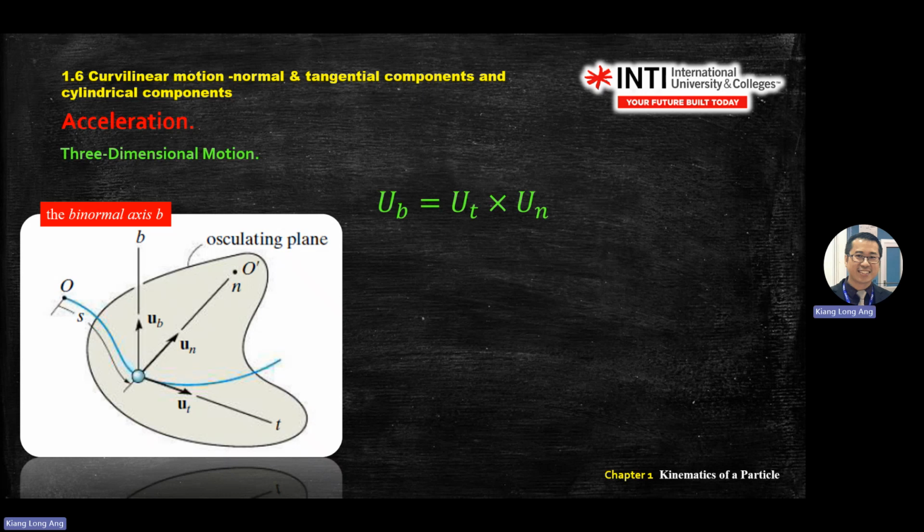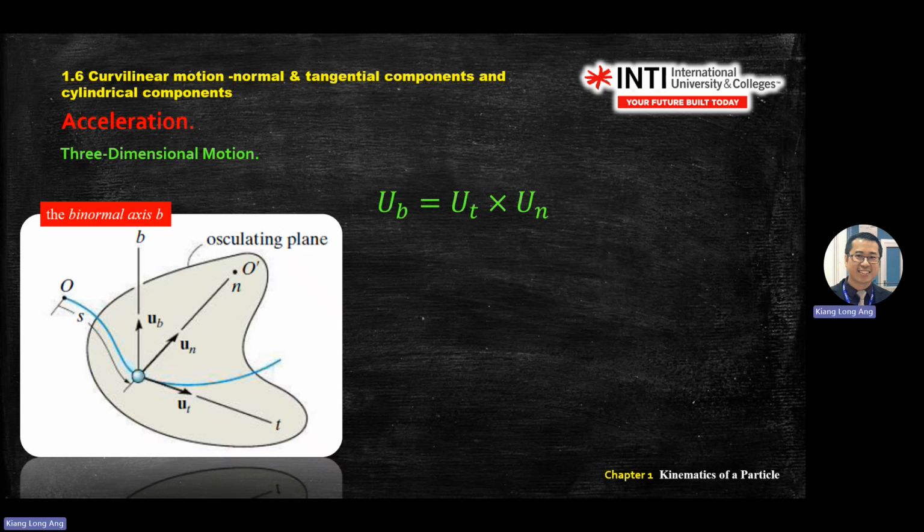Now, in vector problems, you always use right-hand rules. So UB, how do you find UB? You follow the curve of your fingers. UB is where? Your thumb, pointing up. So how do you calculate the UB vector? You follow your fingers.